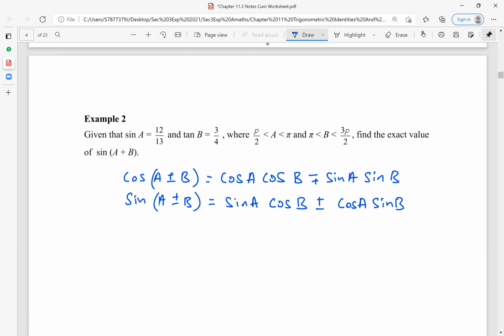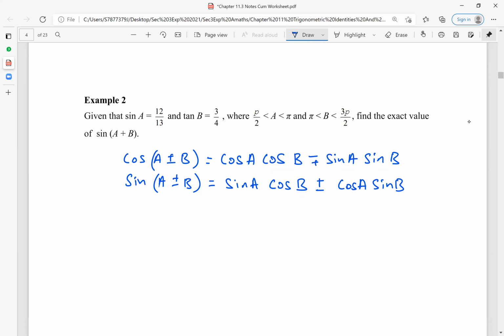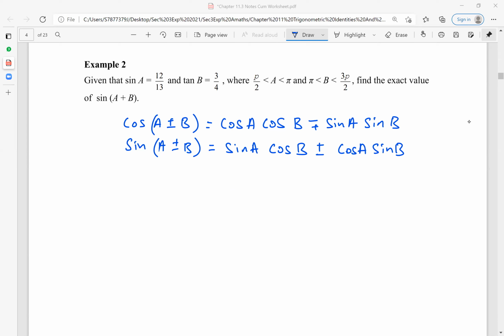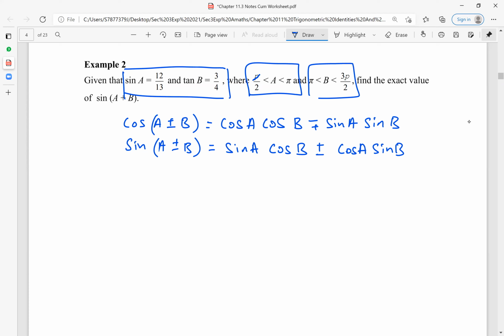So what we'll be doing over here is, you need to focus on this. I need you to highlight this, please. And the next important thing that I need you to also highlight is these two. Sorry, this one is supposed to be pi.